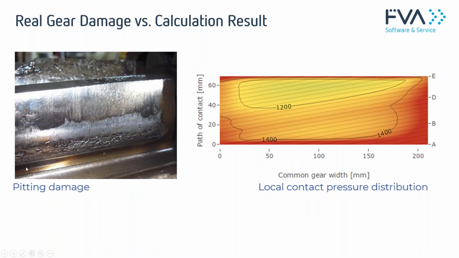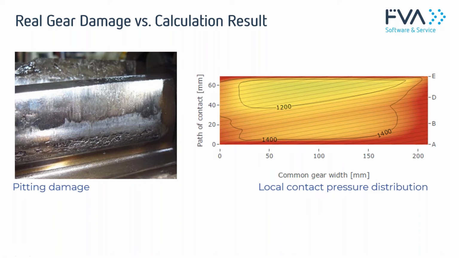And here you see a highly overloaded gear stage with this pitting line in the root, and here some scuffing in the tip, and this is also represented very well in the result of the FVA Workbench. We have here also this red line, and the root is just this position where also the pitting occurred due to the high pressure values.